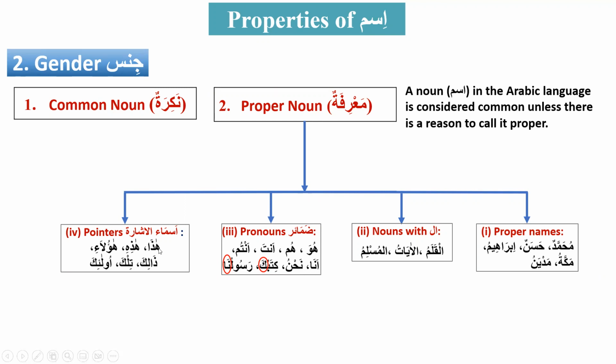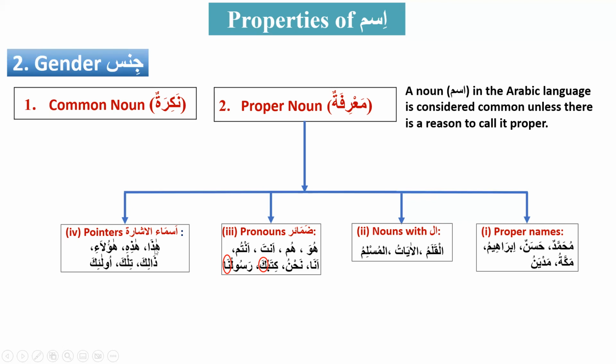So if you're pointing to a masculine thing, you will say haza, and if you're pointing to a feminine thing, you will say hazihi. But when you're pointing towards something in plural, you will say haulai, and it doesn't matter if it is feminine or masculine.